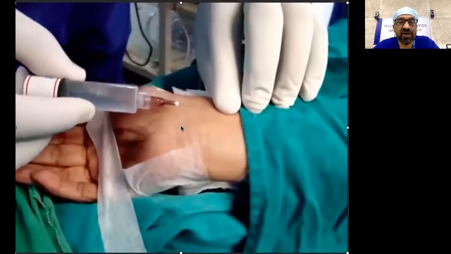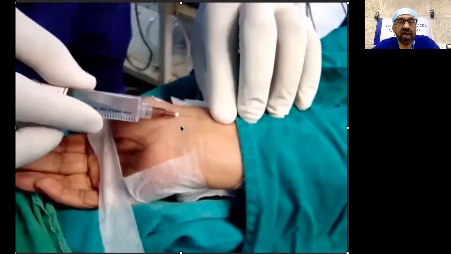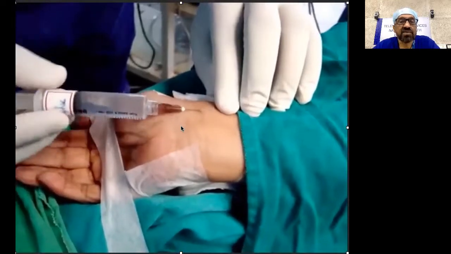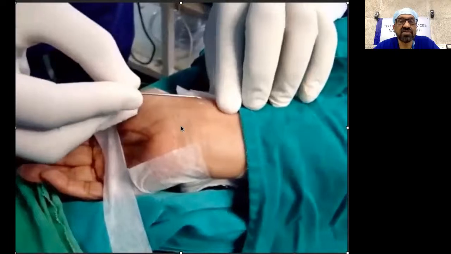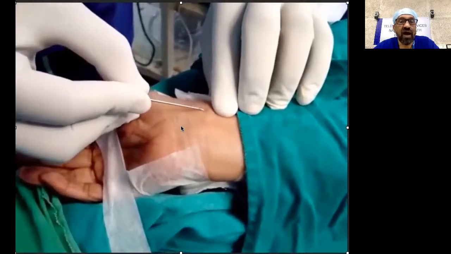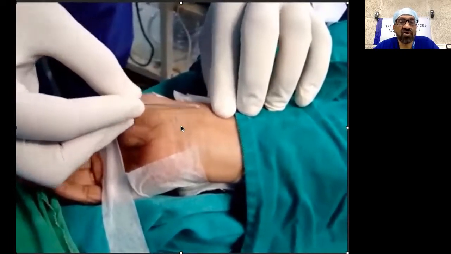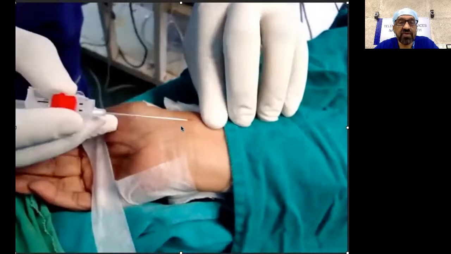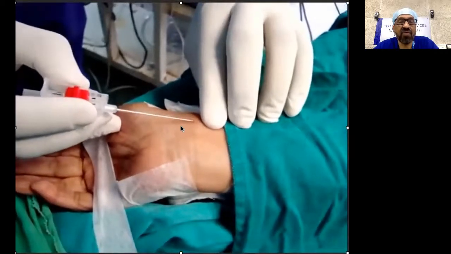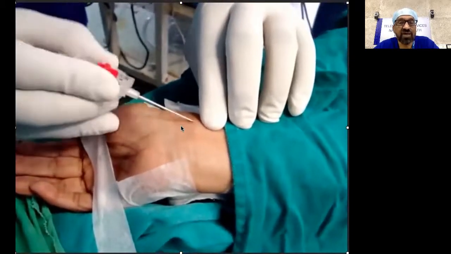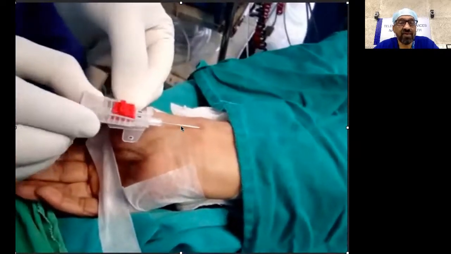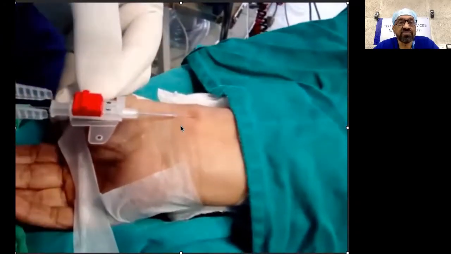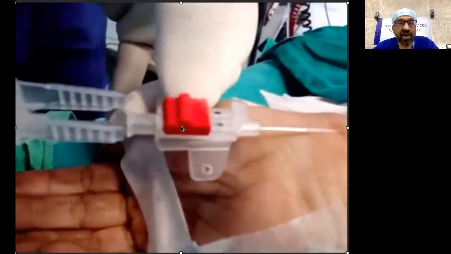This video demonstrates the technique of arterial cannulation. The hand is immobilized as is shown here by putting pads under the wrist, dorsiflexing the hand, and if the patient is conscious, local anesthetic is infiltrated and a skin nick is made onto the proposed site of putting the cannula after palpating the artery using the non-dominant hand.